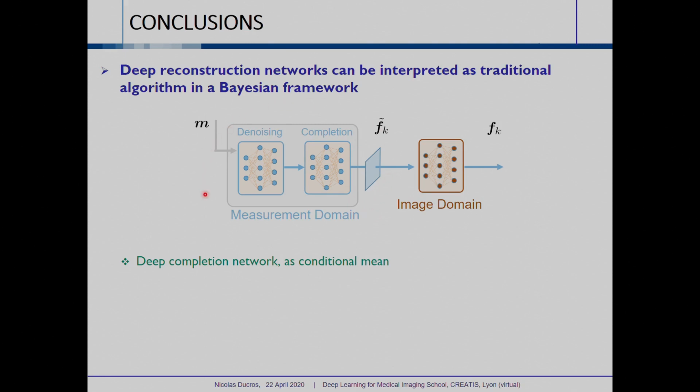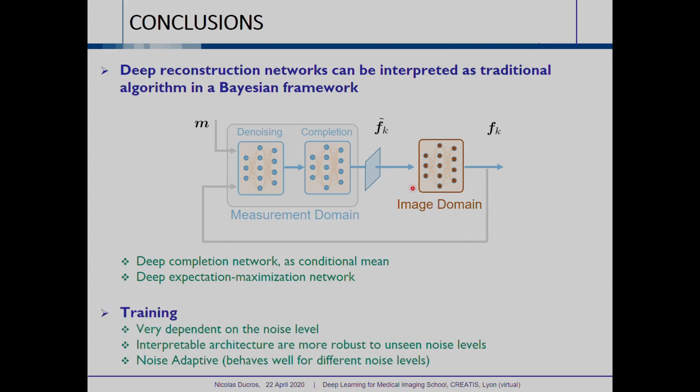This part is interpretable and doesn't have to be learned. It is followed by a second step in the image domain, where we usually have convolutional layers that are learned during the training. This deep completion network can be interpreted as the conditional mean. Another architecture was described. It basically loops over the first architecture, and it can be interpreted as a deep expectation maximization network.